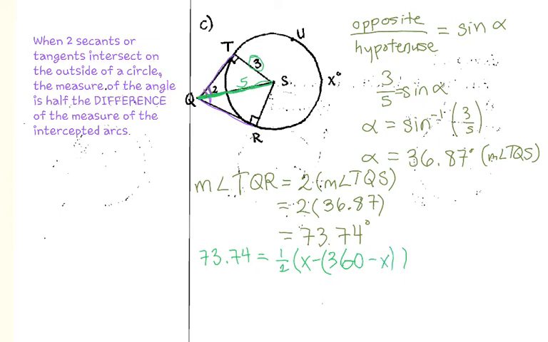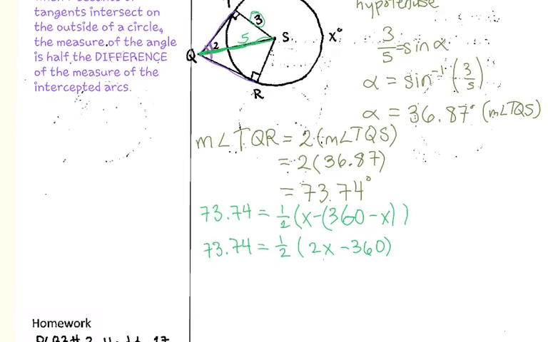We're doing that because 360 is the total circle, and then we're subtracting X. If we combine like terms and simplify the inside of the parentheses, we will have 73.74 equals 1/2 times (2x minus 360).